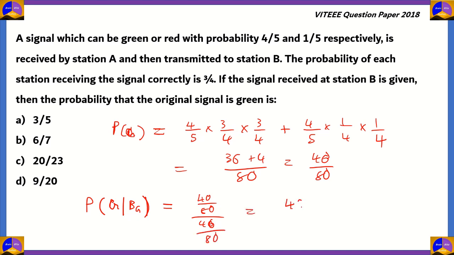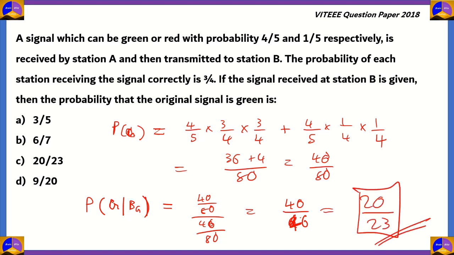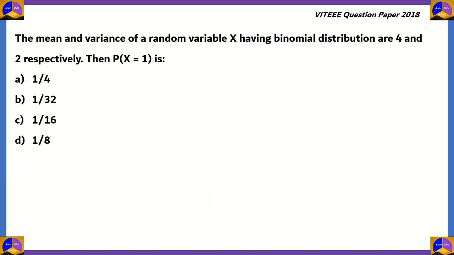So you get 40 by 46 as the required probability, which we can simplify to 20 by 23. So 20 by 23 is the answer. Therefore, option C is the correct option for this question, which was asked in 2018.